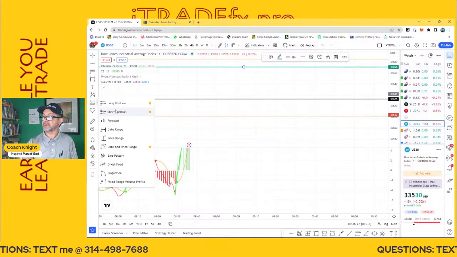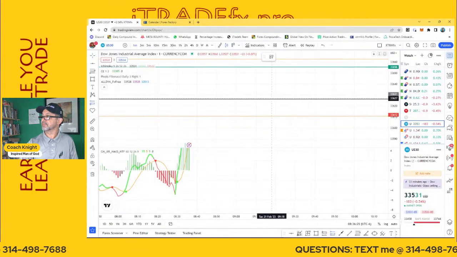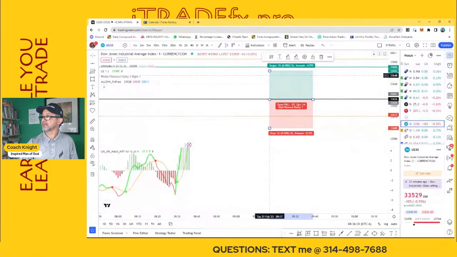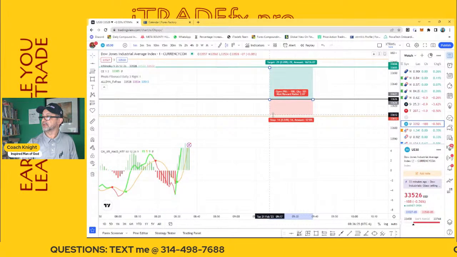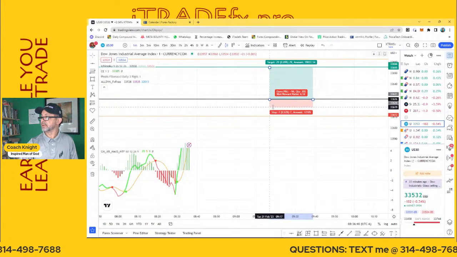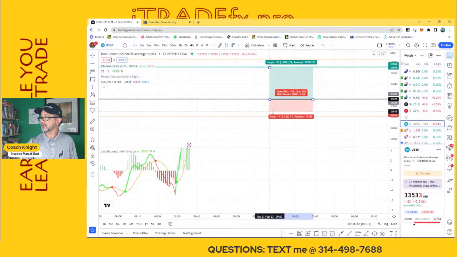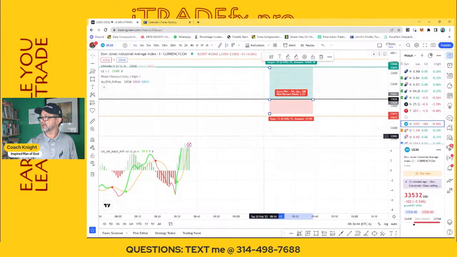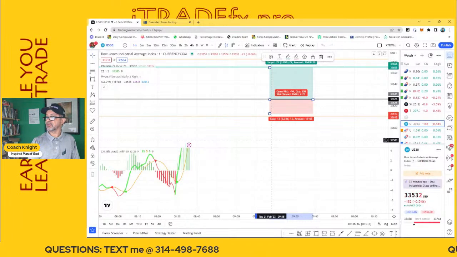And I just entered a buy stop here. Just like that. Set my stop loss in that area there. Now I'm going to put my stop loss right there, 33,613.